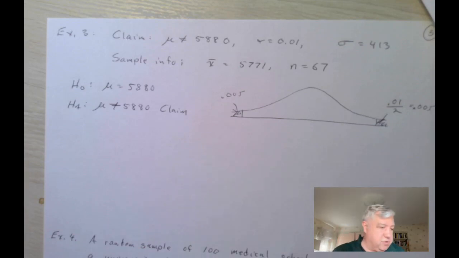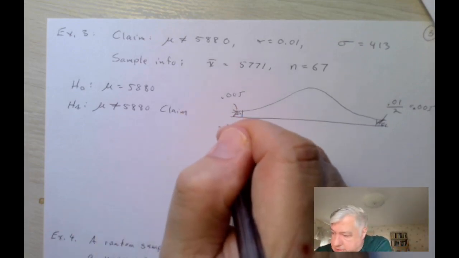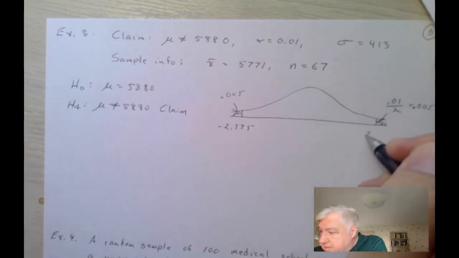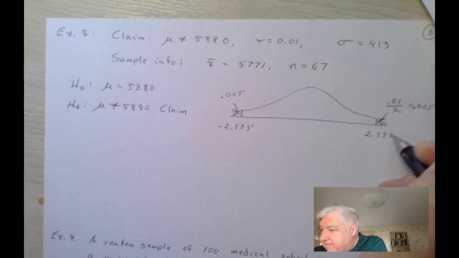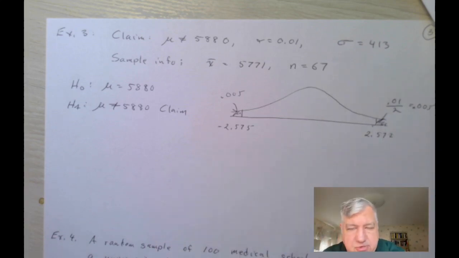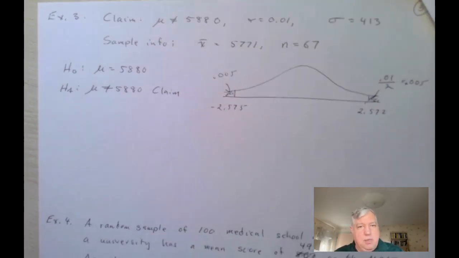If we take inverse norm of 0.005, we get negative 2.575, and then this will be positive 2.575. I won't write it down, but we're using inverse norm of 0.005. So those are our critical values.